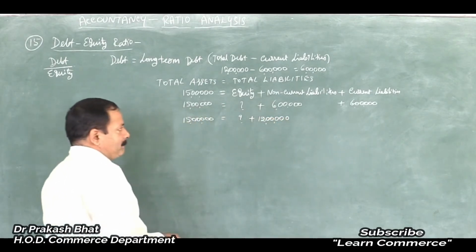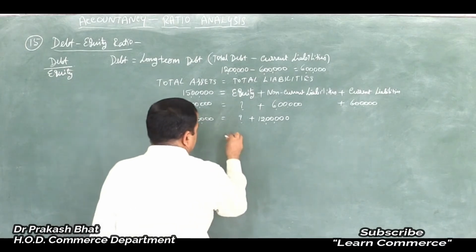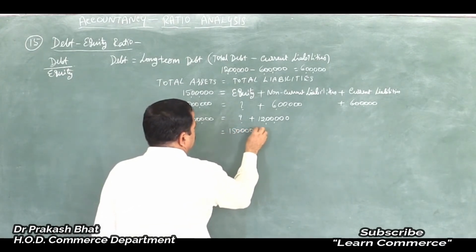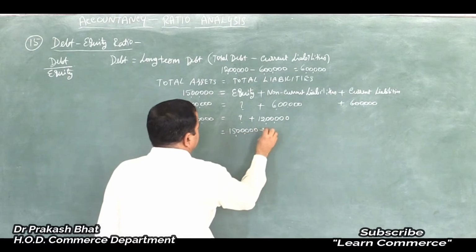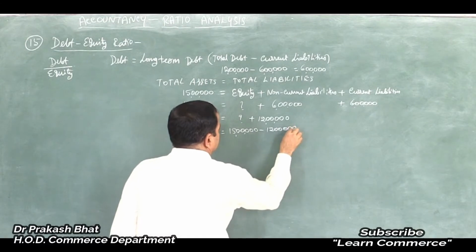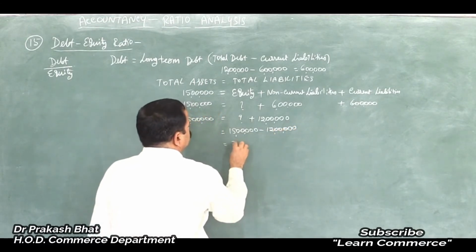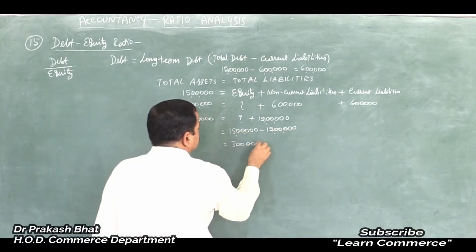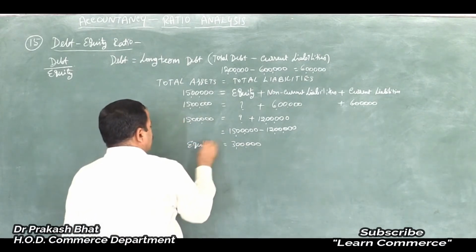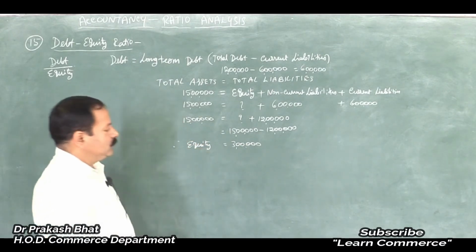Very simple. So equity is equal to 15 lakh minus 12 lakh, which is equal to 3 lakh. This is what equity is. Therefore, equity is rupees 3 lakh.